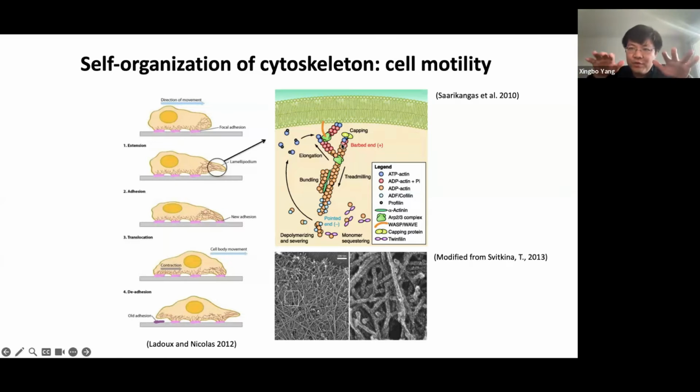But collectively, they are doing this treadmilling of polymerizing at the front and depolymerizing at the back, and that pushes the cell forward. Again, all these processes use ATP and need energy. And here is also an electron microscopy image that shows you in real life what these structures look like. It's a very dense mesh.